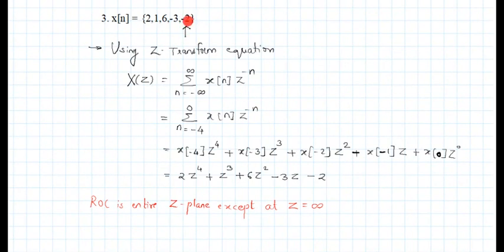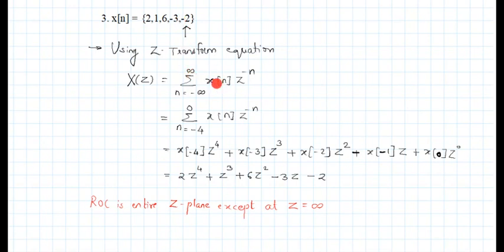So it means that all the samples are lying on the negative time instance, and hence I can now say that my given sequence x[n] is completely a left-handed signal. All the samples are on the left-hand side of the arrow, so the given sequence is entirely a left-handed signal. Now let us find the Z transform of this particular signal.